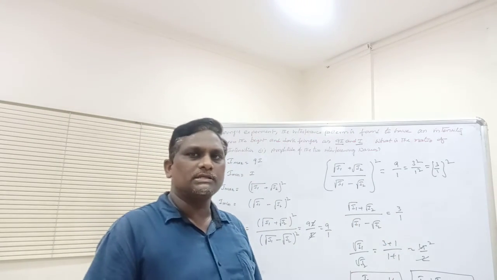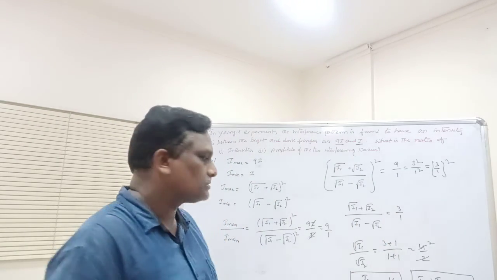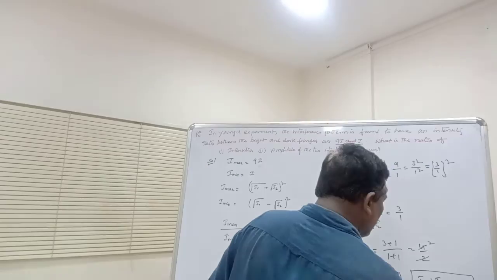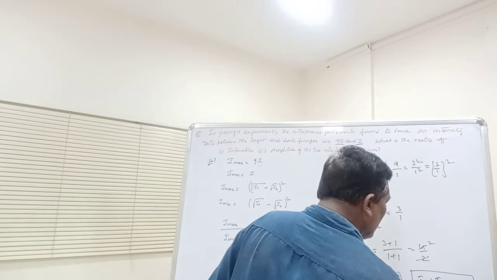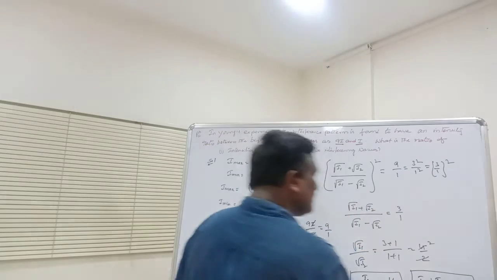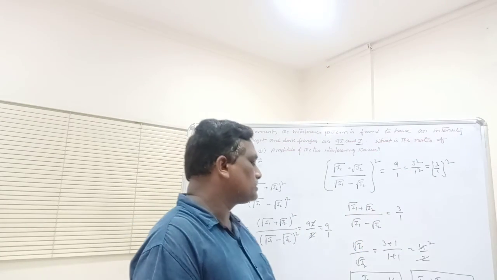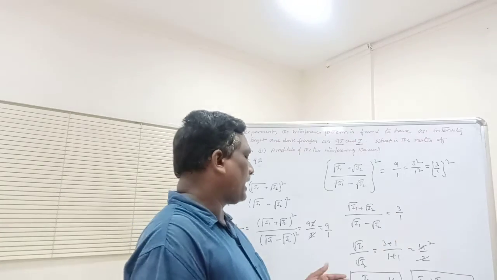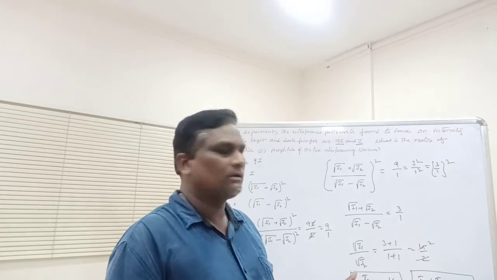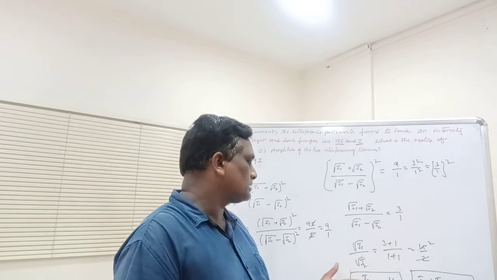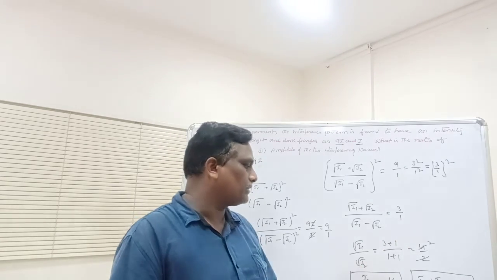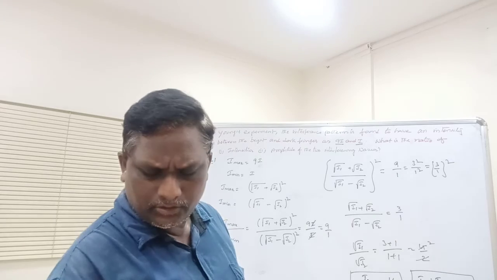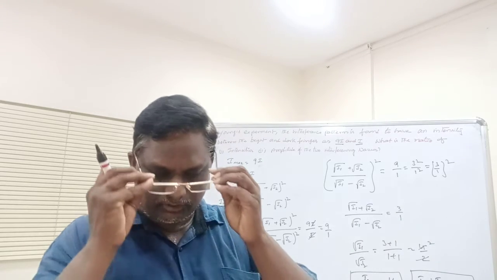But you know I is proportional to A square. So A1 is to A2 is equal to 2 is to 1. I1 by I2 is equal to 4 by 1, and A1 by A2 is equal to 2 is to 1.